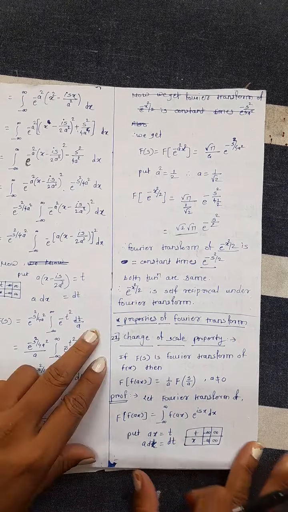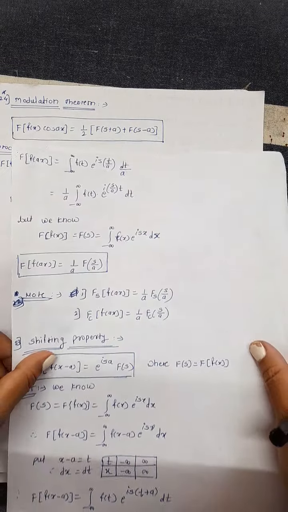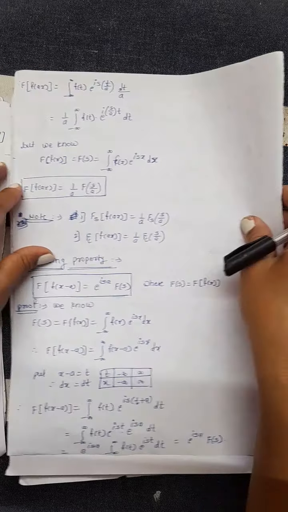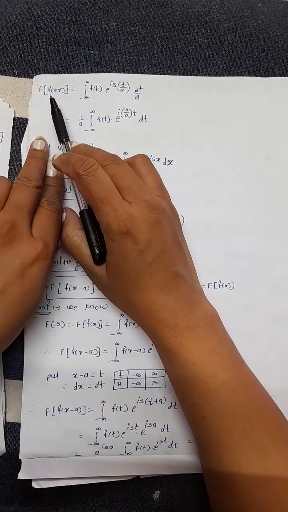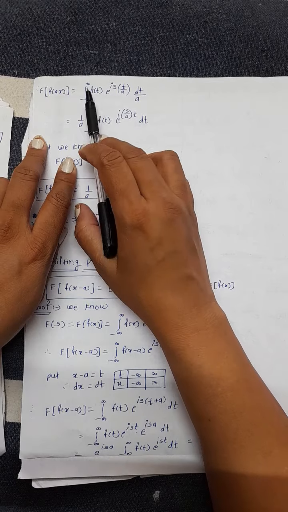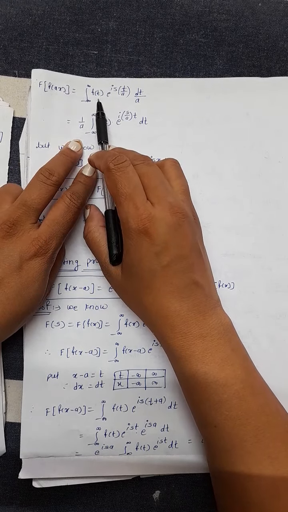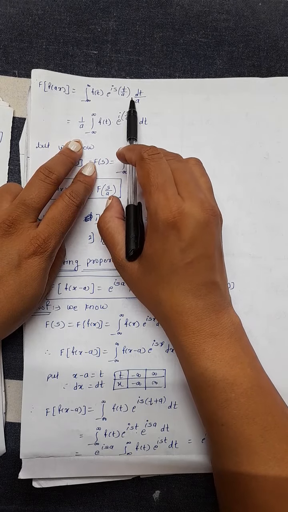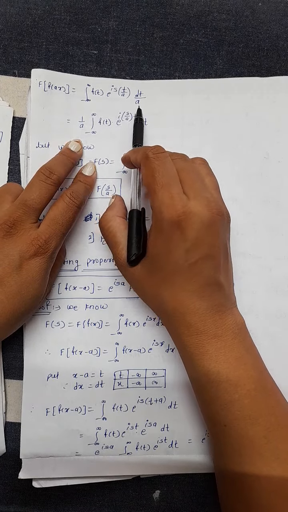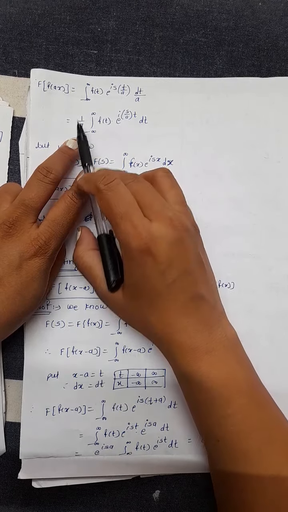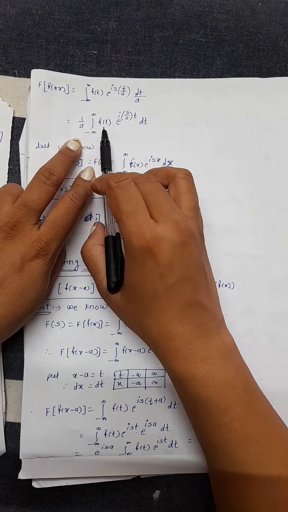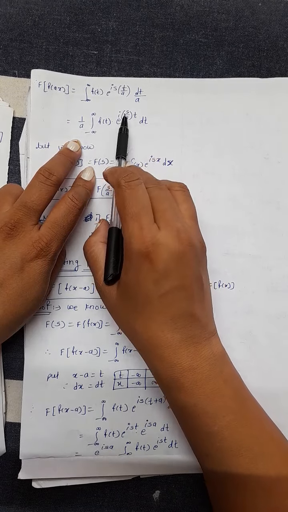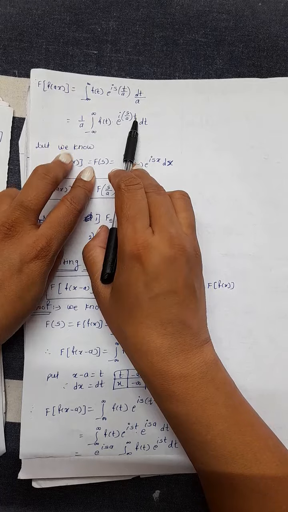Put this value, we get in the integration, Fourier transform of f of ax is equal to integration from minus infinity to infinity f of t, e raised to i s x becomes i s t by a, into dx becomes dt by a. Take 1 upon a outside, this becomes f of t, rest of the terms as it is, e raised to i s by a times t outside.